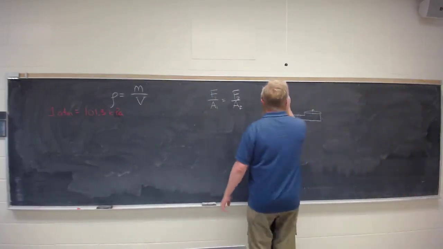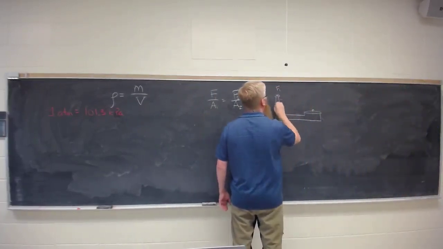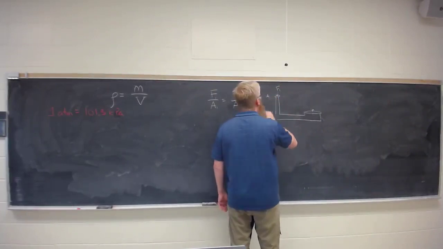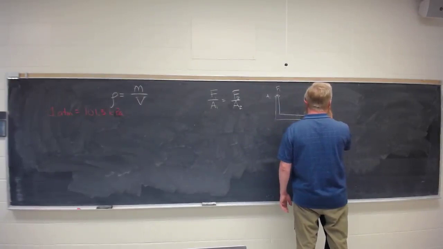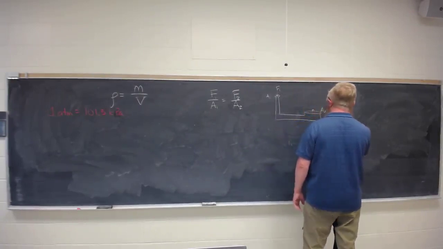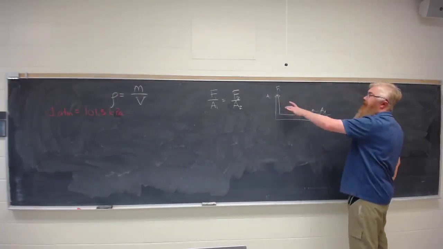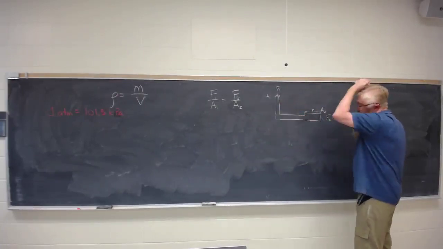So if you push down here with some force on some area, this larger area, A2, will give you a larger force. It's sort of the opposite of what I just said from a fluid perspective.